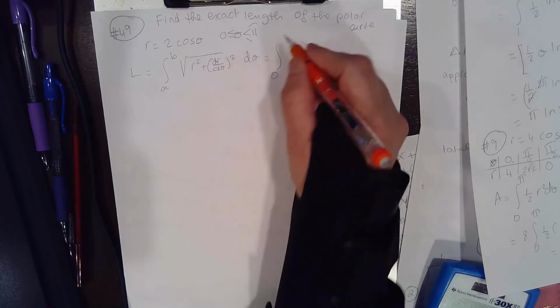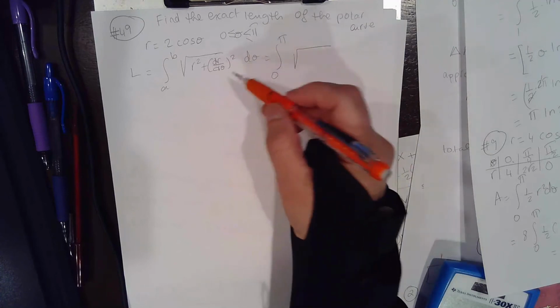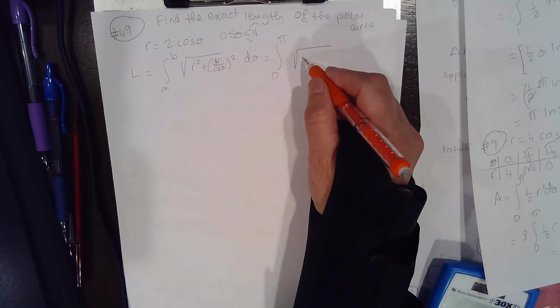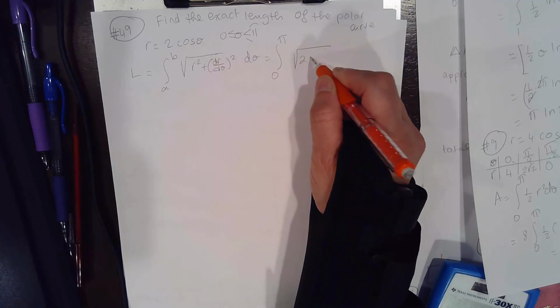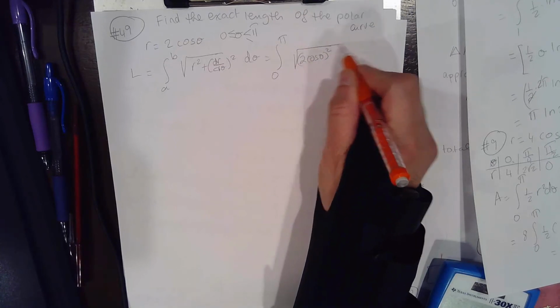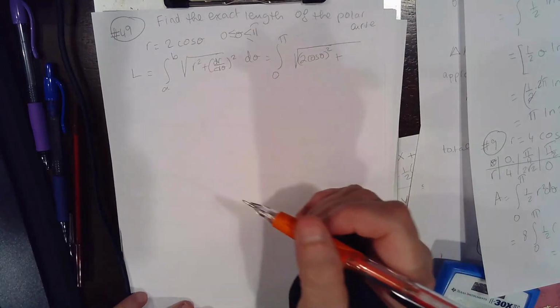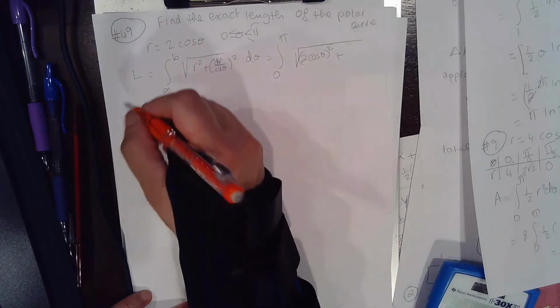I'll just write it as is now, plus (dr/dθ)². What is dr/dθ? Let me write it down here.